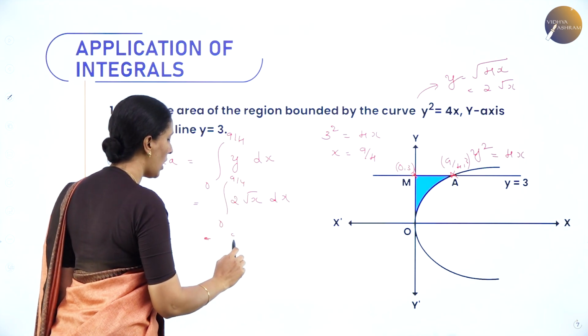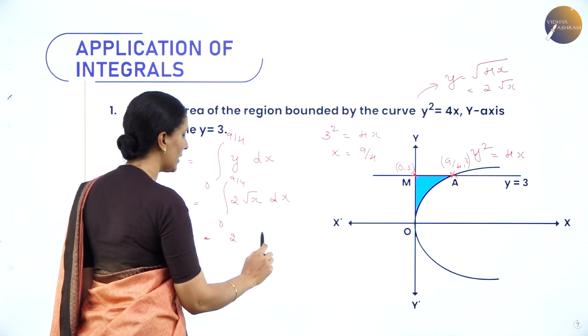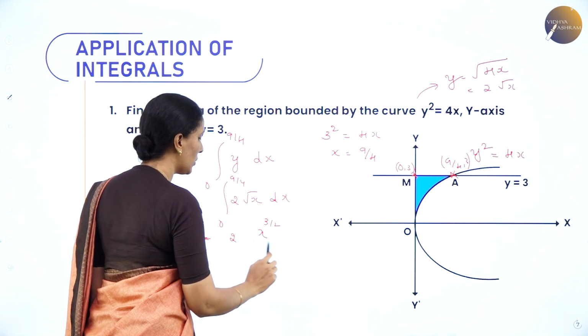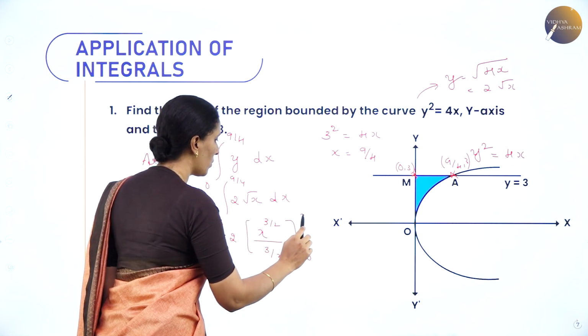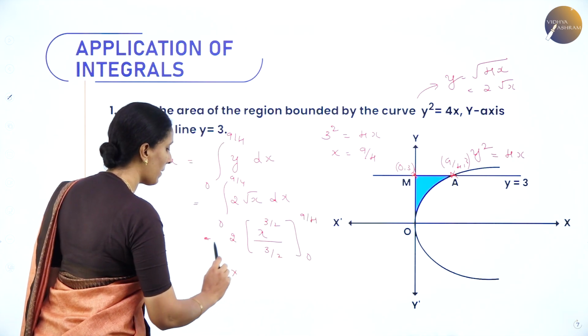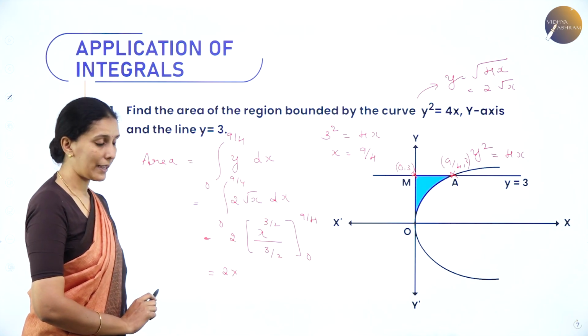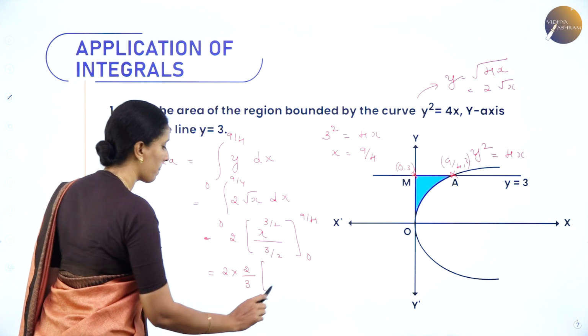Let's keep 2 outside the integral, and if you apply integration of root x, then it is x to the power 3 by 2 divided by 3 by 2, and the limits are from 0 to 9 by 4. So, the 2 into 3 by 2 can be taken out before applying the definite integral. So, then 2 by 3.